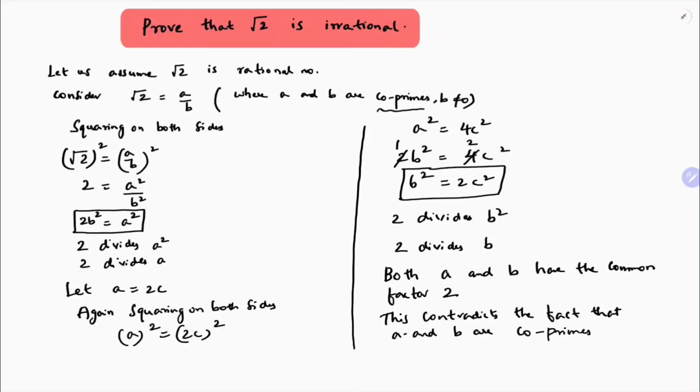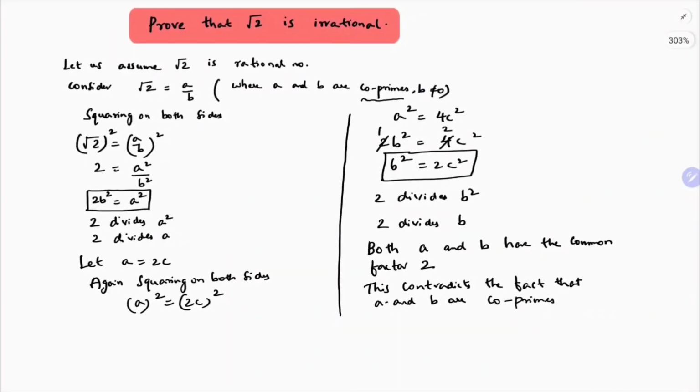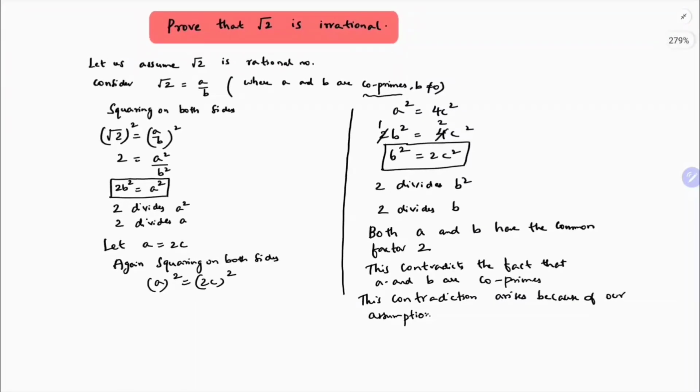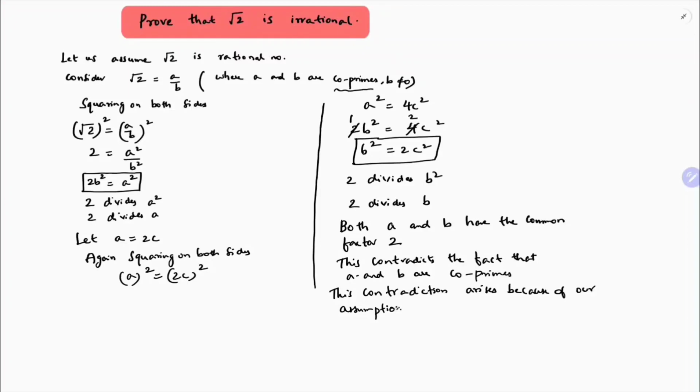This contradiction arises because of our assumption, that is, because of our assumption that root 2 is rational.